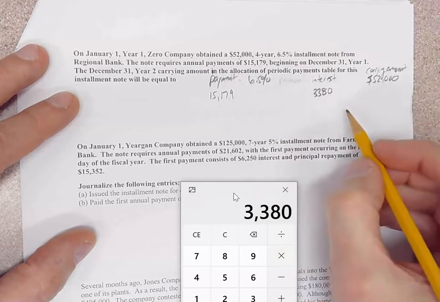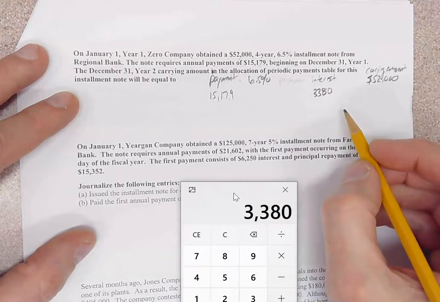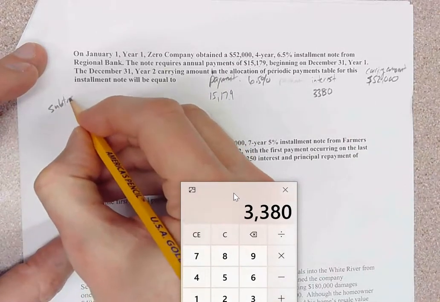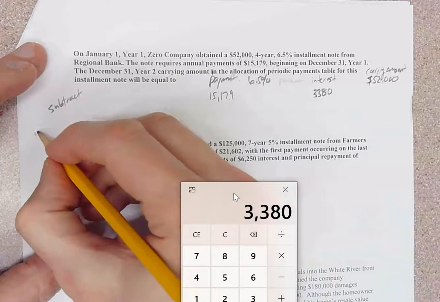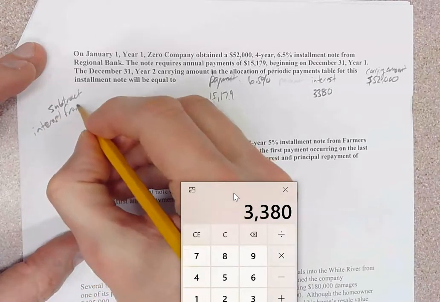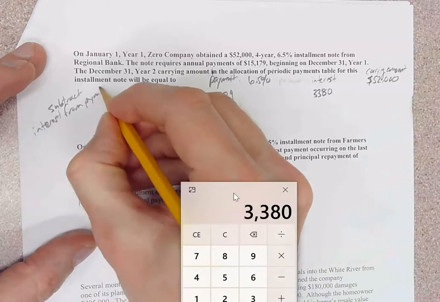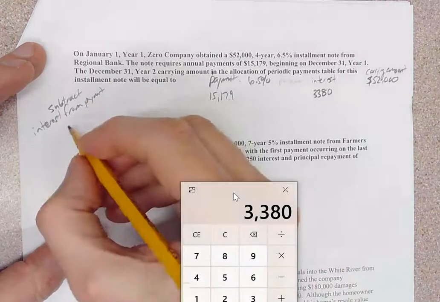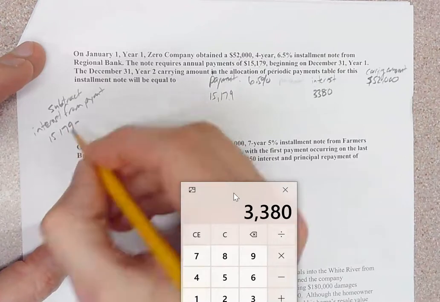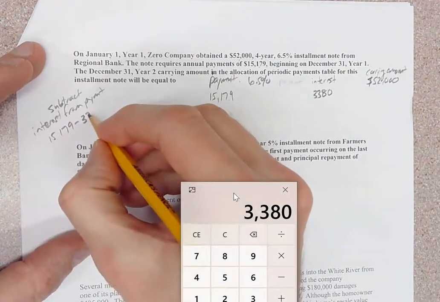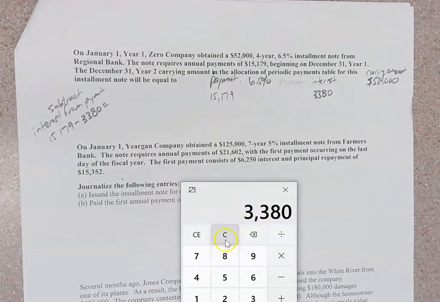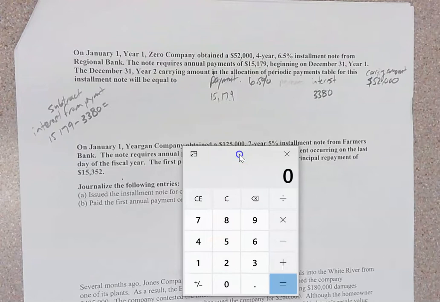This is probably not set up the best way in the world that it could be, but what we want to do is we want to subtract interest from payment amount. So in the first year we want to take $15,179 and subtract from that $3,380. So let's look at what we have.